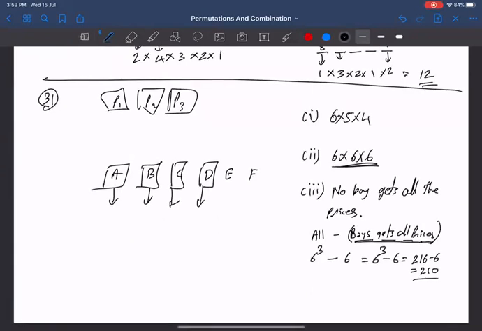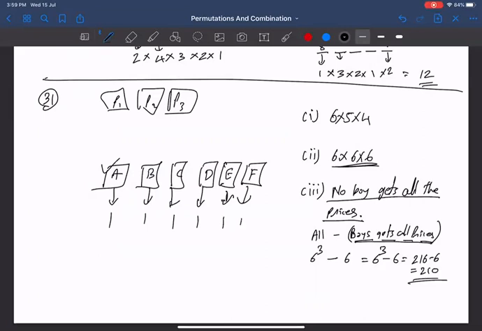So that's the answer. Mere ko ye wala nahi samjha, I didn't understand the third part. Okay, listen to me. No boy gets all the prizes ka exactly ulta kya hota hai? A particular boy gets all the prizes. How many ways does a particular boy get all the prizes? How many ways A gets all prizes? One way. B gets all prizes, one way.